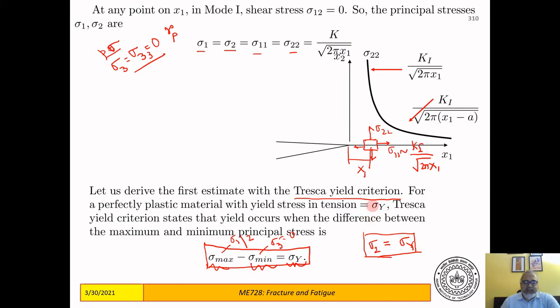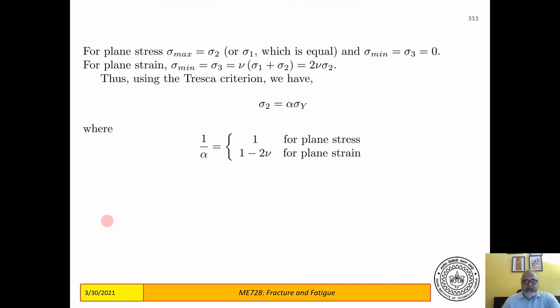What about plane strain? In plane strain, sigma min is again sigma 3, which is nu times sigma 1 plus sigma 2.